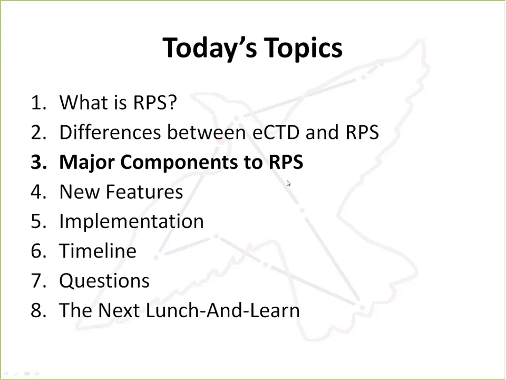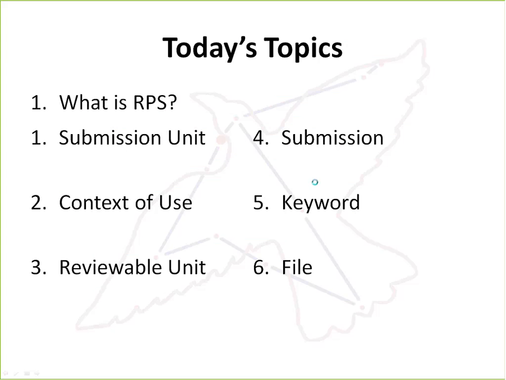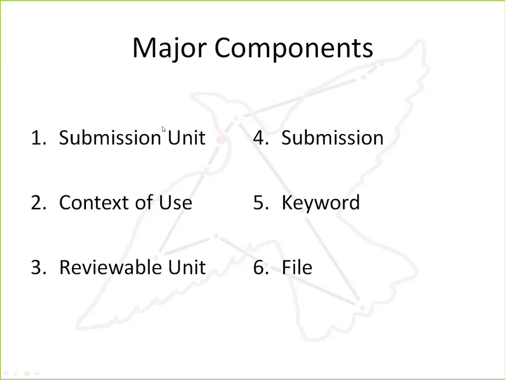So what are the major components to RPS that allow it to be this flexible? These are the big parts of RPS. Number one, you have a submission unit, which is the PDF. You have a context of use, which in many ways is the leaf.